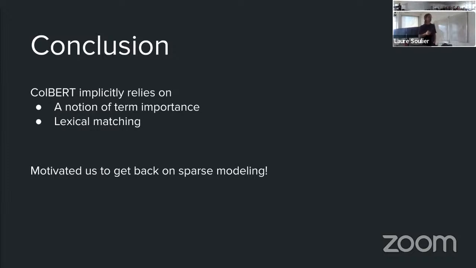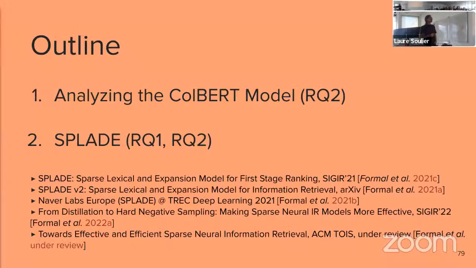But they were not so popular at that time and not really effective either, at least less effective. Which brings us to SPLADE, for sparse lexical and expansion. And we have several publications covering these models from the initial formulation to later improvements.